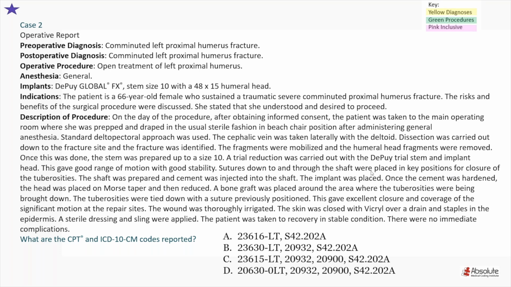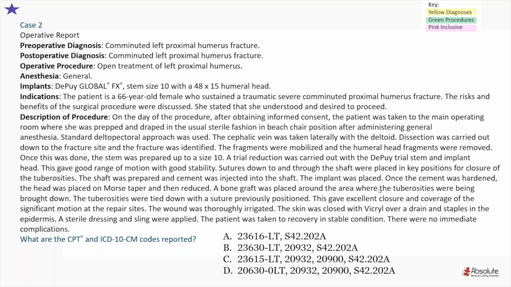Sure. Okay, what are the CPT and ICD-10-CM codes reported? A, 23616, modifier LT, S42.202A. B, 23630, modifier LT, 20932, S42.202A.